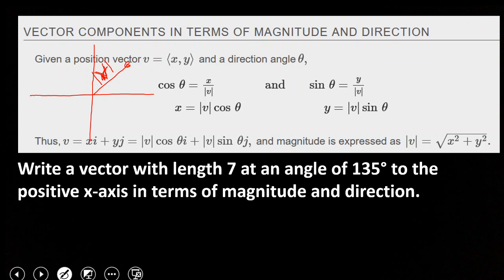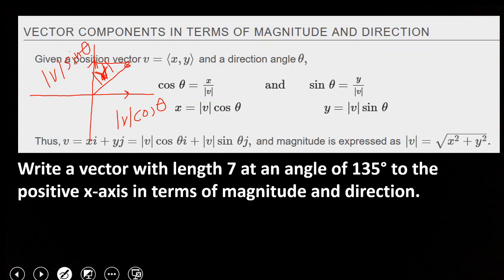If I make that the absolute value of v, then the horizontal component would be nothing but that, cosine theta. And the vertical component, that length, would be that, sine theta.